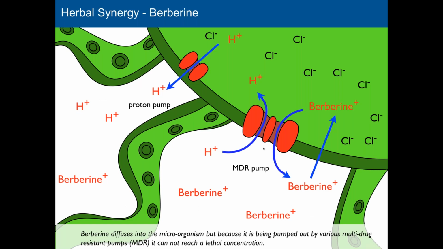And so the reason why it doesn't work by itself is berberine naturally diffuses through the cell membrane of these bugs. So this is my little picture of this octopus-like creature that I drew to represent the bacteria. And there's a transporter called a multi-drug resistant pump that normally actively pumps some of these positively charged compounds, and some antibiotics are like this, out of the cell to prevent it from reaching a level that could be toxic or harmful.